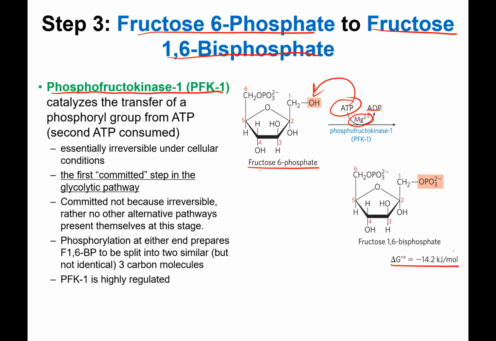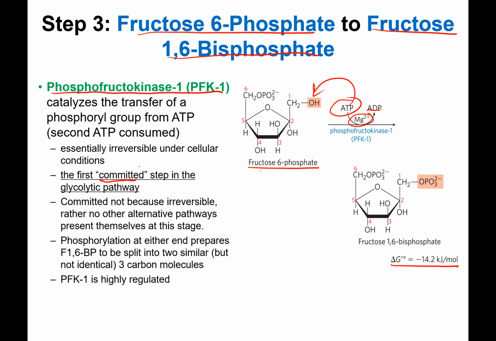We saw hexokinase as having a fairly large negative free energy. This is also an exergonic and essentially irreversible reaction. The other very interesting point here is this is the first committed step in the glycolytic pathway. Now, you might think that anything exergonic is committed, right? But that's not true.